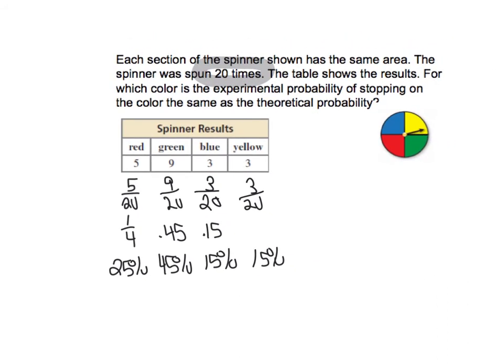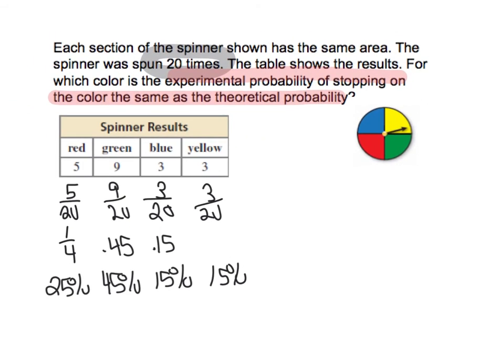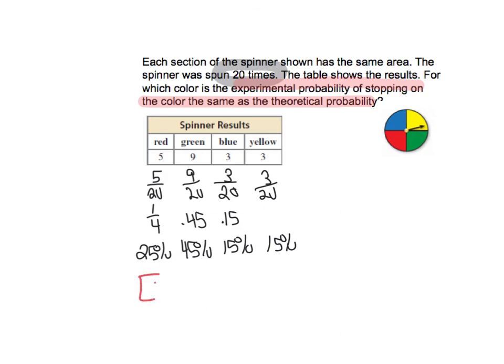So let's see what the question actually asks now that we've calculated the experimental probability. For which color is the experimental probability of stopping on the color the same as the theoretical? Well, let's also think about the spinner. So this was the experimental probability. They actually spun the spinner, and that's the results they got out of 20 times. Theoretically, if we are looking at the spinner, you have an equal chance of getting each one.